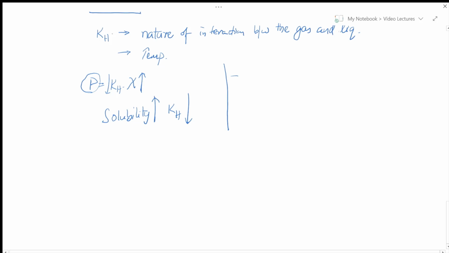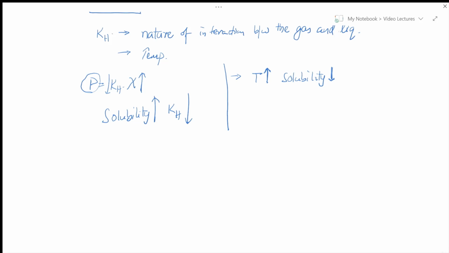Now, if you want to evaluate the same gas at two different temperatures, then it is easy to show that if temperature is increased, solubility will decrease for gases. It is not always true for other scenarios, but it's always true for gases.